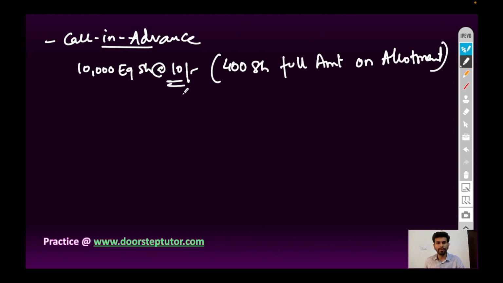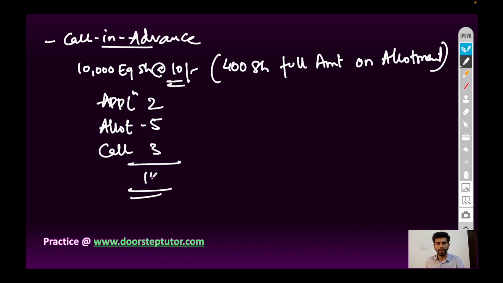The classification of this 10 rupees is application money 2 rupees, allotment money 5 rupees, and call money 3 rupees. Total 10 rupees.